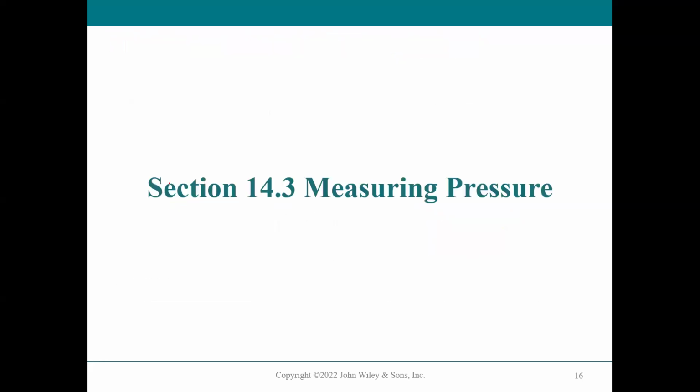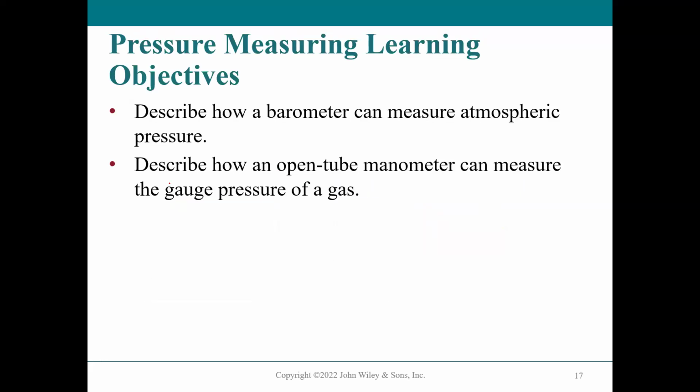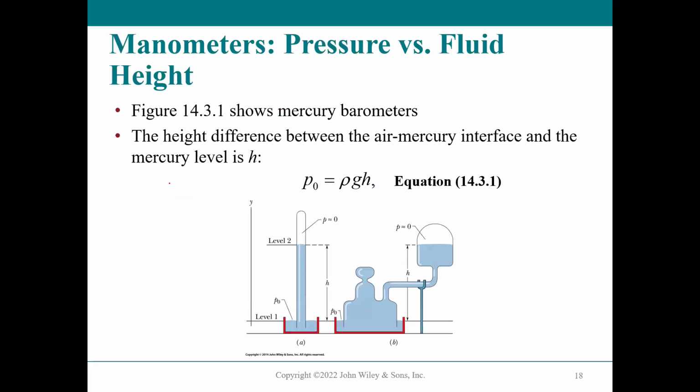Okay, and then measuring pressure. This objective: describe how a barometer can measure atmospheric pressure and describe how an open tube manometer can measure the gauge pressure of a gas. This one is manometers, pressure versus fluid height.